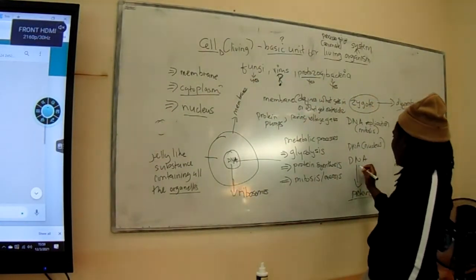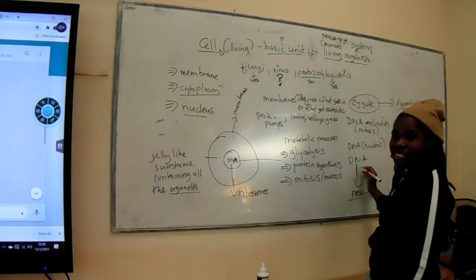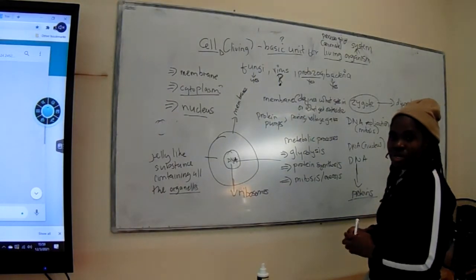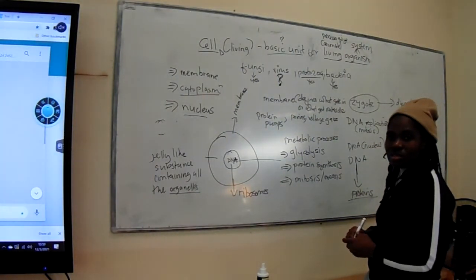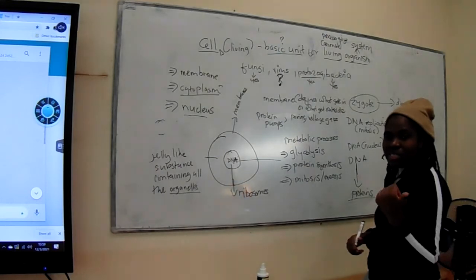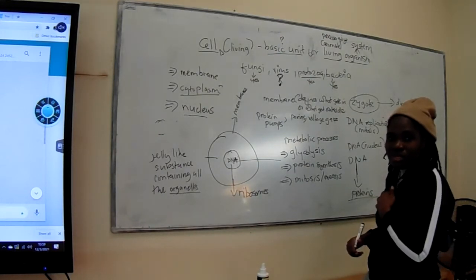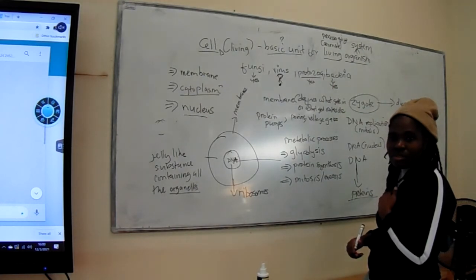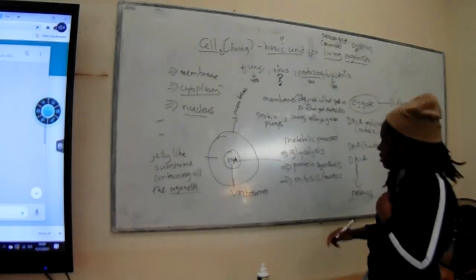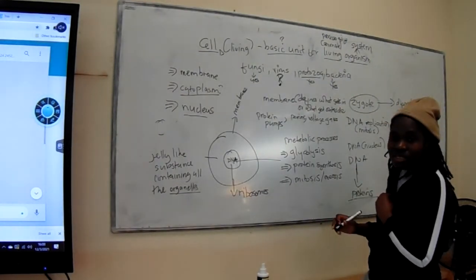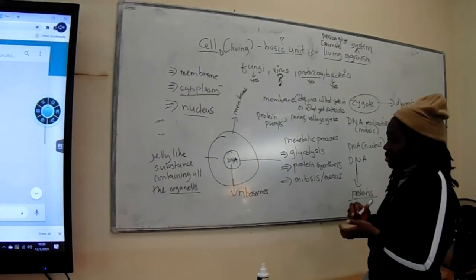So from your DNA, you've got an intermediate molecule. What is it called? From your DNA, what do you have? Intermediate molecule, guys. From DNA, what do you find? Okay.